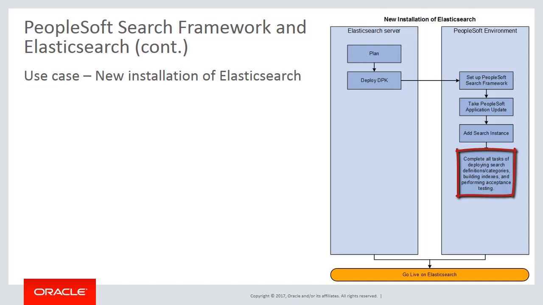On successfully completing all these tasks, you're set to go live on Elasticsearch. If you want to do more reading on any of the steps, please refer to the 8.56 Search Technology Online Help and to the PeopleSoft deployment packages for Elasticsearch installation document.